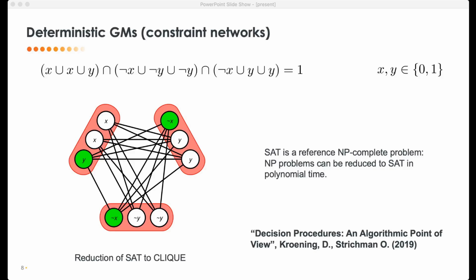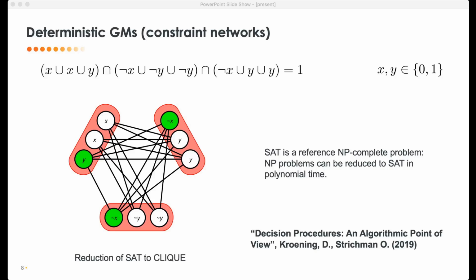Here on the left is shown a reduction of SAT to a clique problem on graphs. A clique problem is finding a maximal clique in a graph. And you may notice that this graph already looks very much like a graphical model.